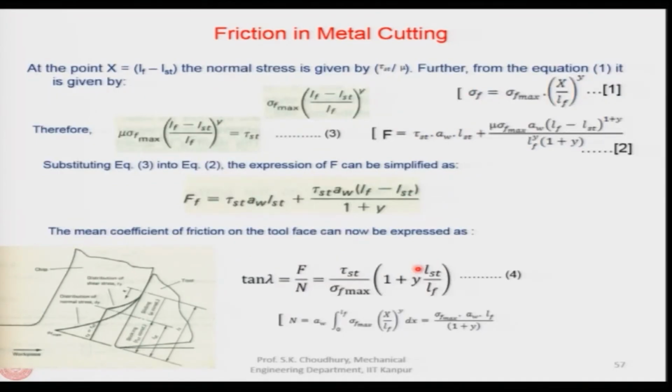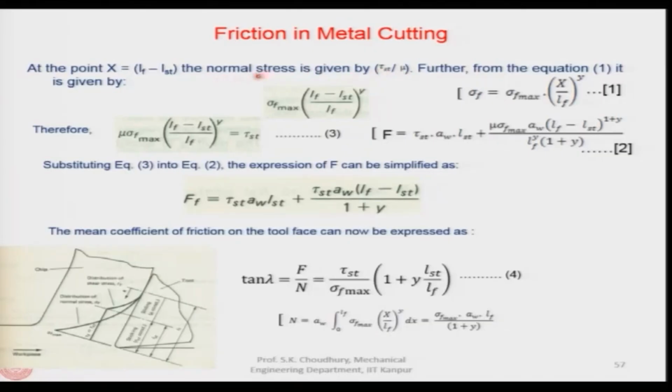Now, at the point x is equal to LF minus LST, again this figure is repeated here for convenience. So, x is equal to LF minus LST is here. At this point, the normal stress is given by tau ST by mu, because earlier we have seen that normal stress into mu is equal to shear stress.